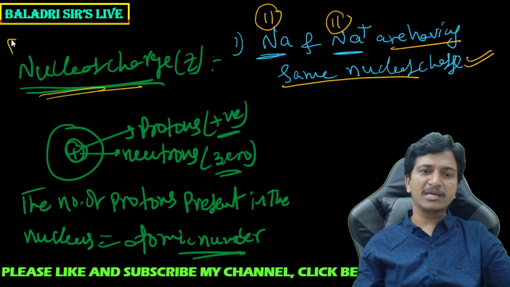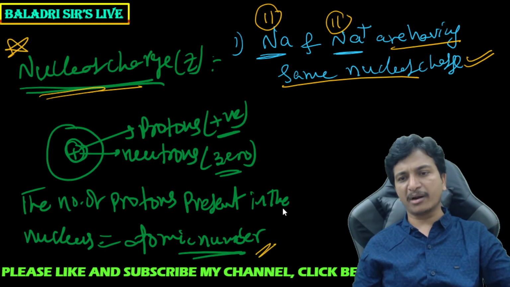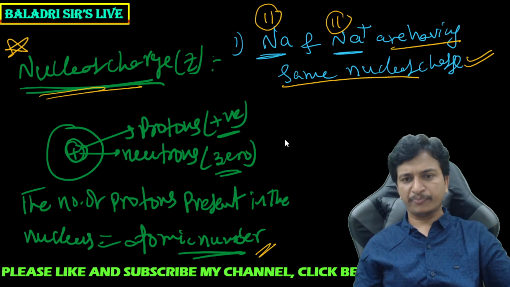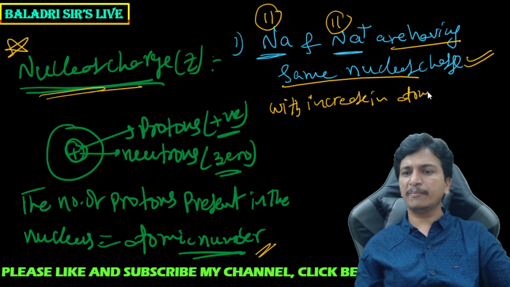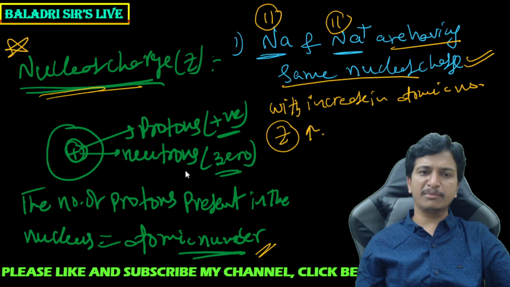Nuclear charge means the number of protons present in the nucleus, that is nothing but atomic number. With increasing atomic number, nuclear charge Z increases. This point you can remember.